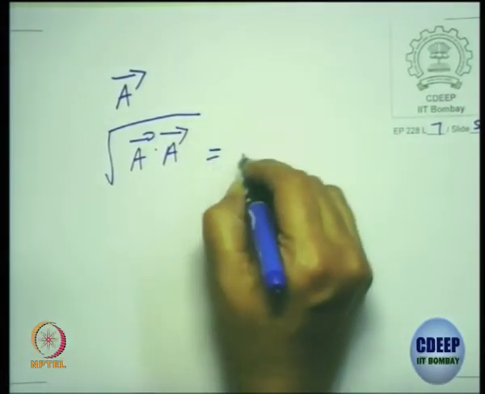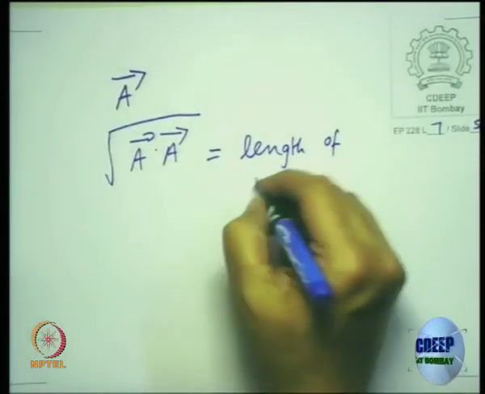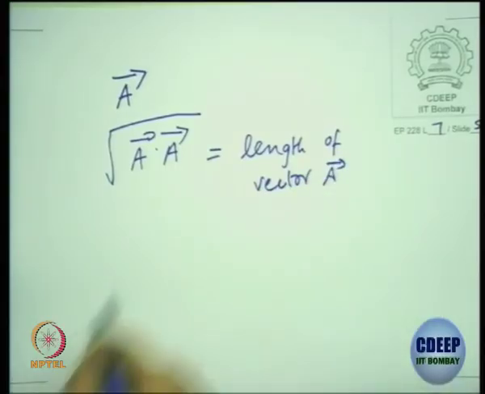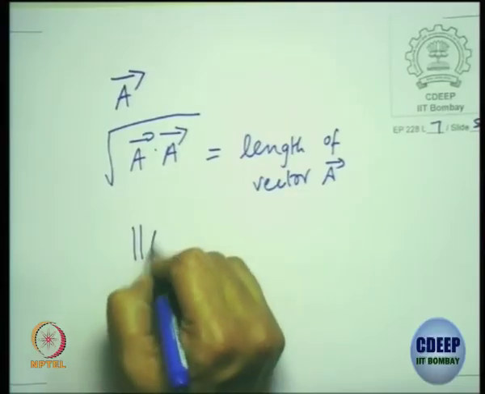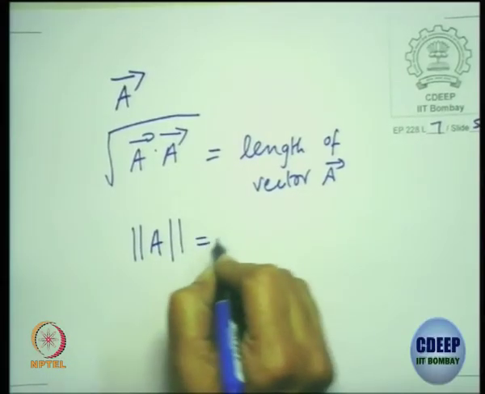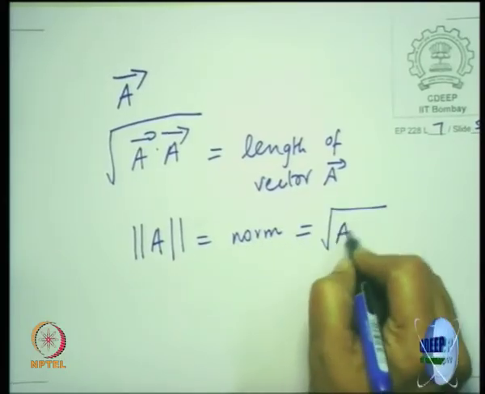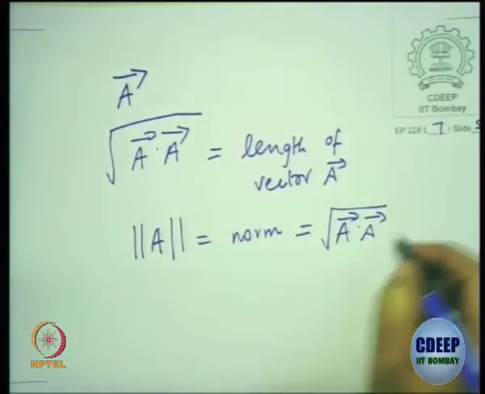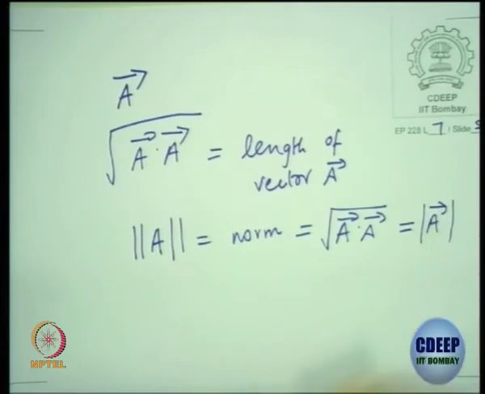This is what you call the length of vector A, which is formally sometimes written as the norm. This is what we call the norm, which is nothing but the square root of A dot A. Sometimes people also write it in vector calculus as |A|, the magnitude of the vector A.